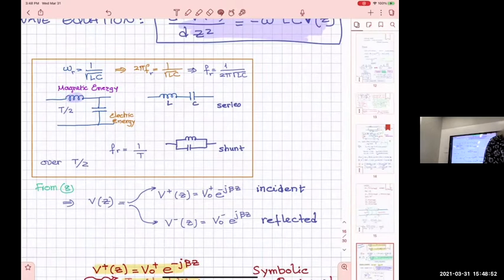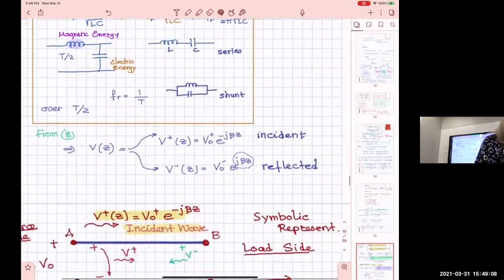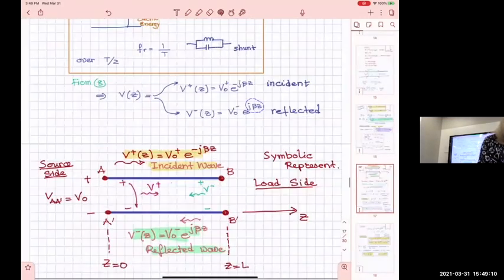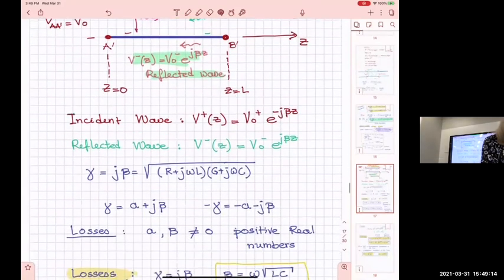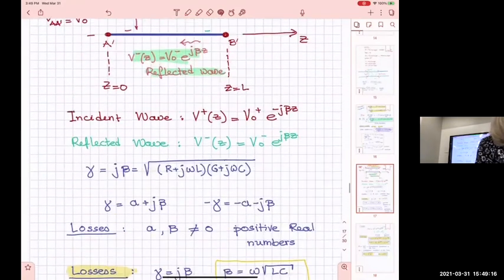And there is the reflected wave, as we call it, that has its own amplitude and its own phase, same as the incident but with a different sign. Now, all of these are definitions. Let's try to see what that means. Below, I'll show you the value for beta.